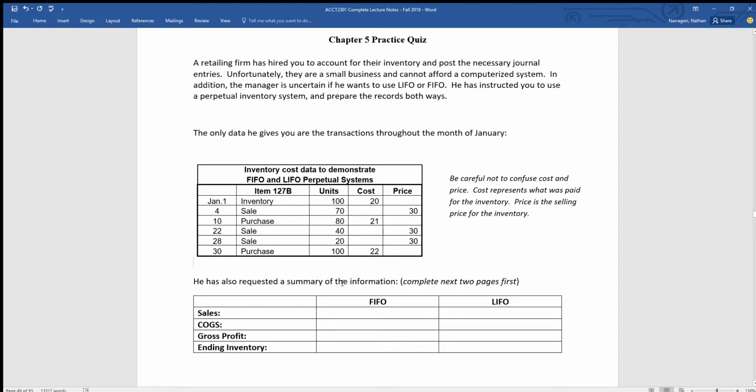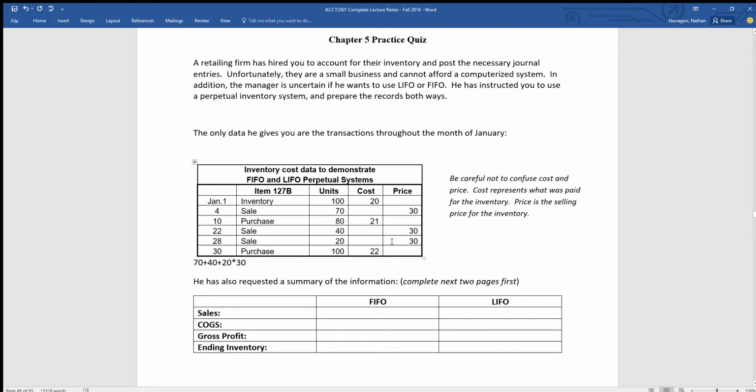So if we take 70, basically you can just add them up. It's still the same thing. Plus 40, plus 20, and times that by the good old number 30, since they're all sold at the same price. We don't have different ones.